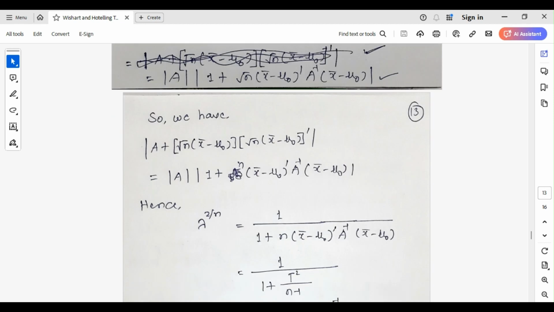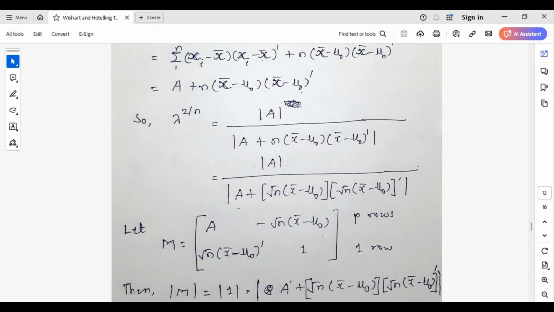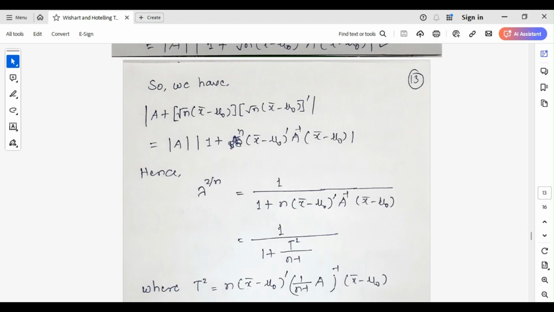So finally, we got lambda raised to 2 by n equal to, the numerator was determinant of A, and the denominator now we have found to be determinant of A into 1 plus n times (x bar minus mu naught) transpose A inverse (x bar minus mu naught). You can rearrange this term as n times (x bar minus mu naught) transpose A inverse (x bar minus mu naught).